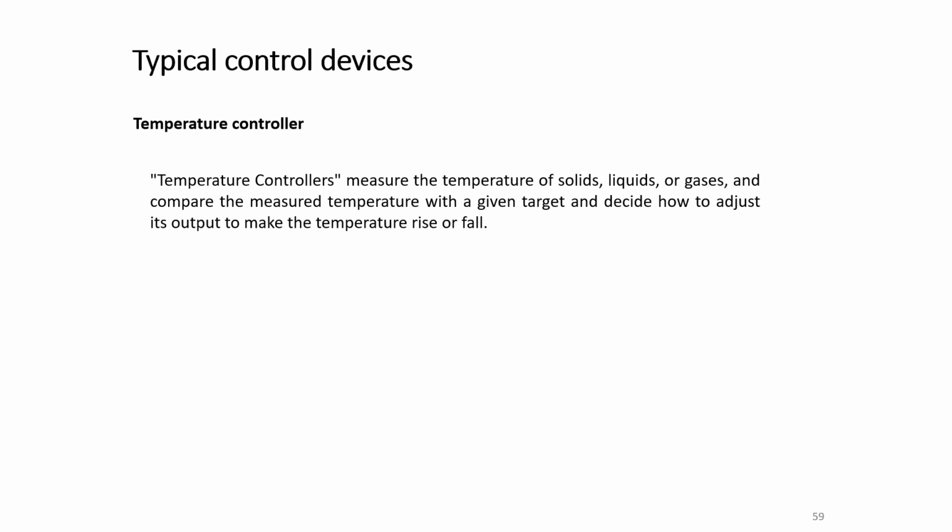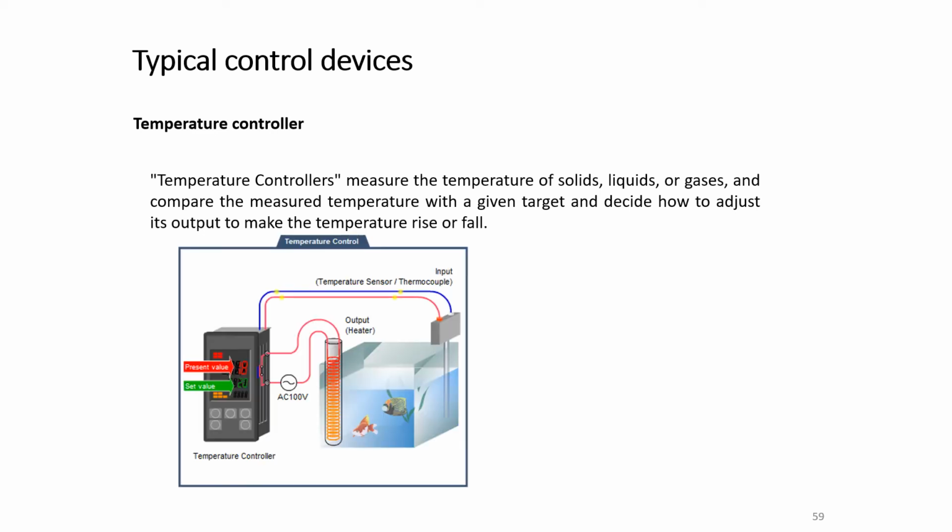Temperature controllers measure the temperature of solid, liquid, or gas and compare the measured temperature with the given target and decide how to adjust its output to make the temperature rise or fall. So here we have an aquarium, and you see the temperature sensor is measuring the temperature of the water, and the present value of temperature is 18 degrees Celsius, but our set value is 20.